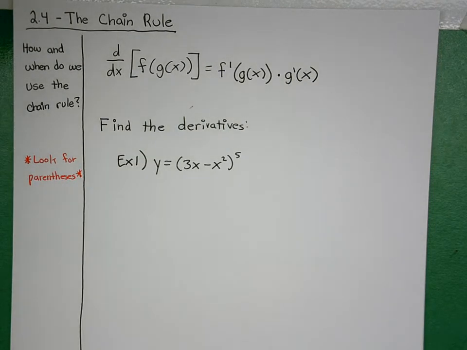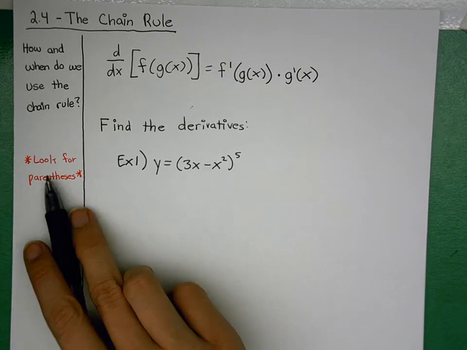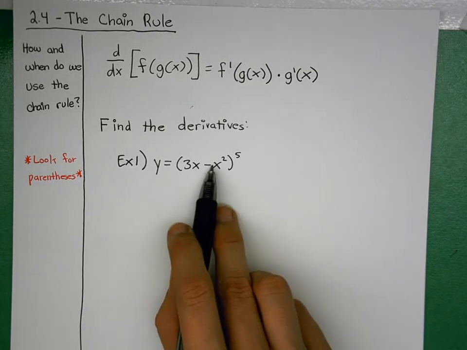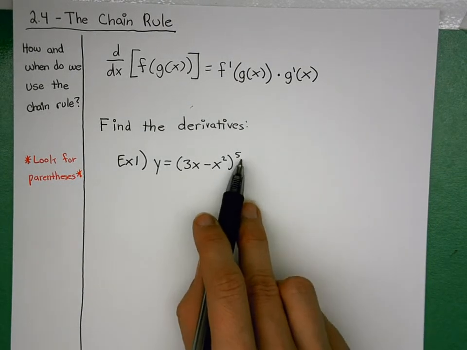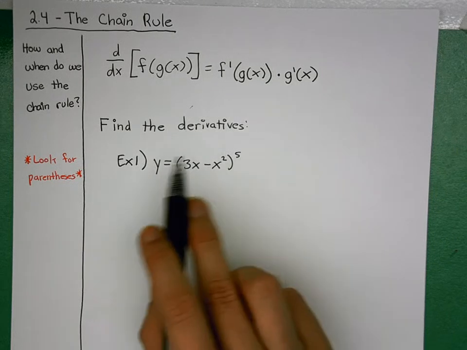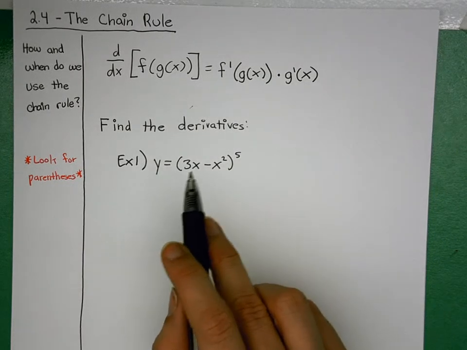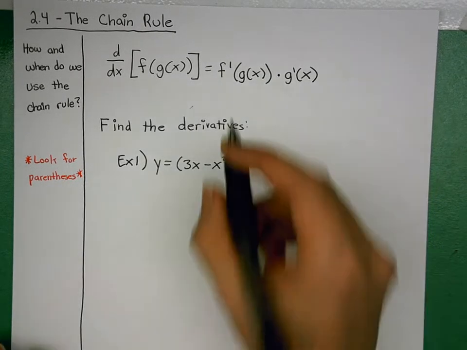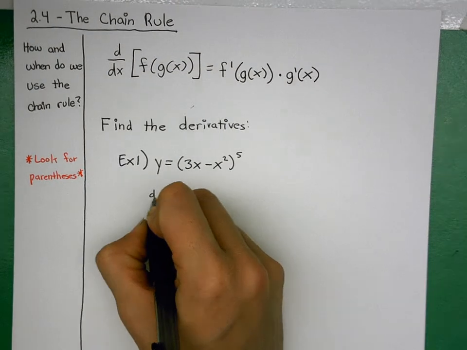Okay, so you could FOIL this out or do product rule on it. Like I said, I wouldn't want to. We see parentheses. We see a function, 3x minus x squared, sitting inside of another function with that 5th. Those are our cues, or some of our cues that chain rule is at play. So I'm going to go ahead and apply chain rule.